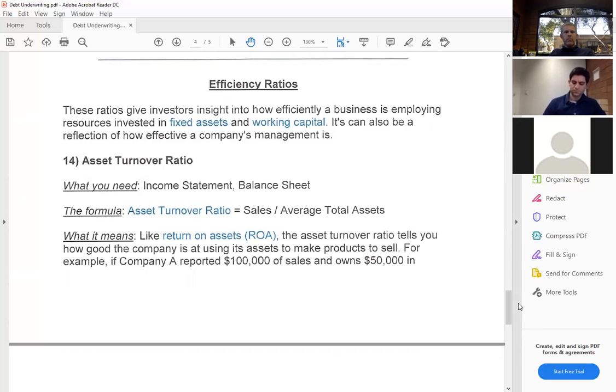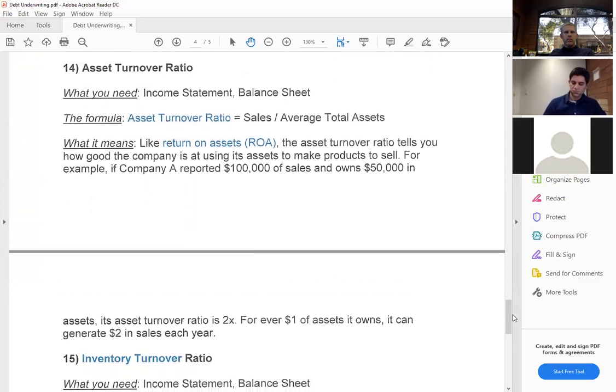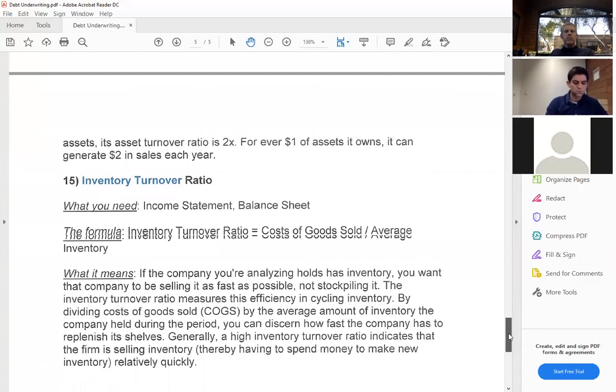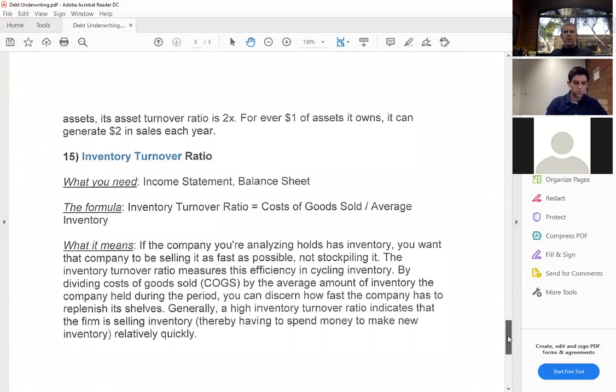Not every one of these is necessary if you're dealing with a true investment deal where you're looking at just a property. A lot of these things won't make sense, but if you're dealing with an operating company that especially manufactures something or produces a product or service, these will be necessary. Inventory turnover ratio is just how quickly they're able to turn inventory. Got it.